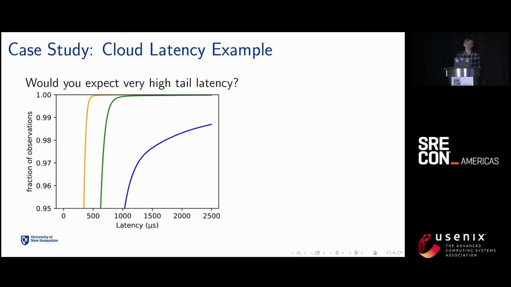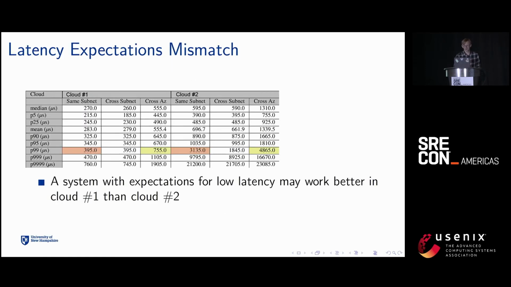Their median latency in that particular scenario, on the VMs that I used, was about half of that. But if you look at the 99th percentile, it's above 3 milliseconds. That's really bad, right? And those things play into what kinds of systems we can run, or how we need to configure the systems to run in those clouds, right?